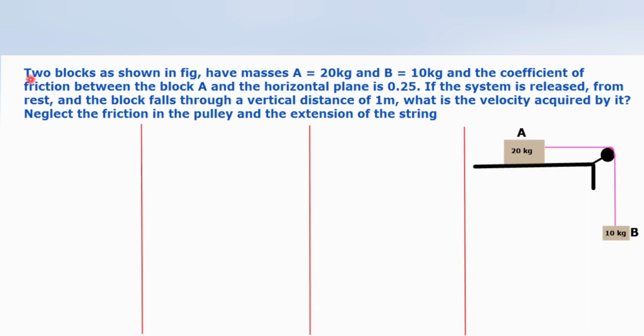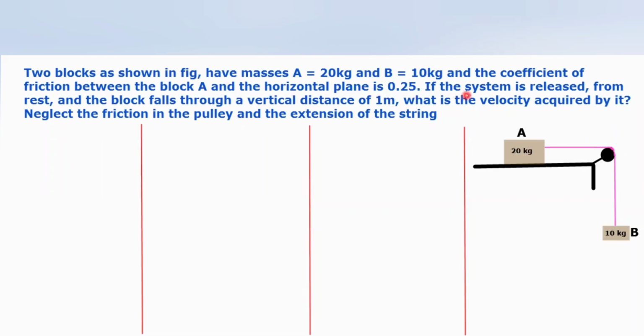Today's class we are going to discuss a solved numerical on the topic Newton's law of motion, D'Alembert's principle, or connected bodies. Let's go to the numerical. Two blocks as shown in the figure have masses A 20 kg and B 10 kg, and the coefficient of friction between the block A and the horizontal plane is 0.25.